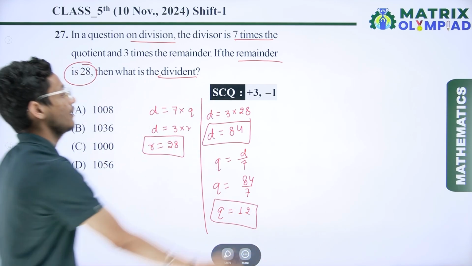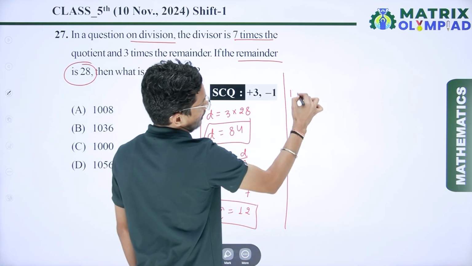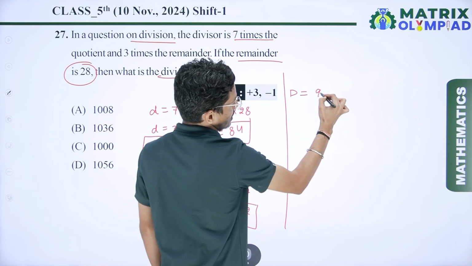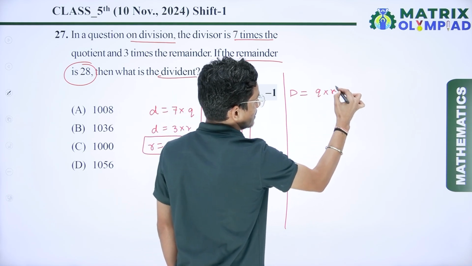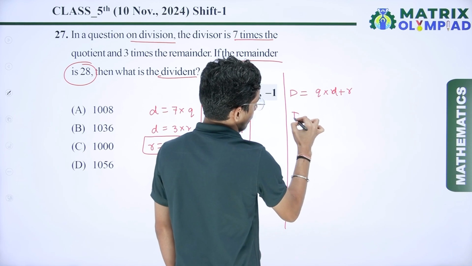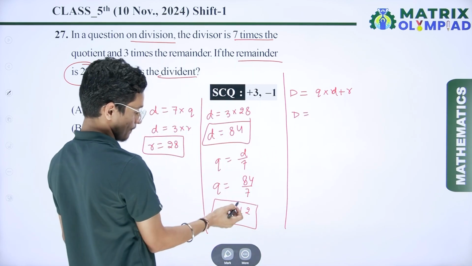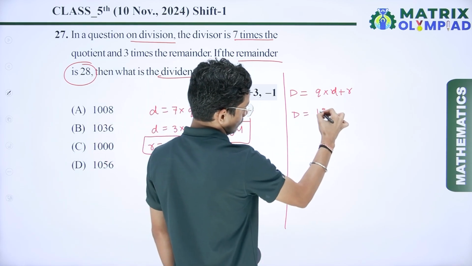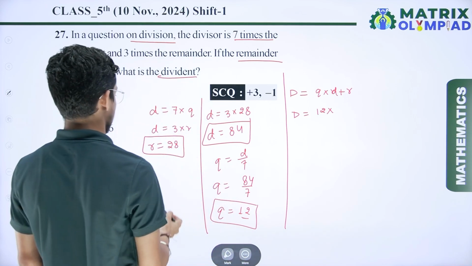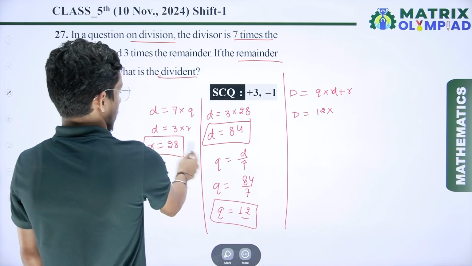So now we have to find the dividend. So we know dividend is equal to quotient multiplied by divisor plus remainder. So dividend is equal to quotient we have given 12 multiply by divisor.